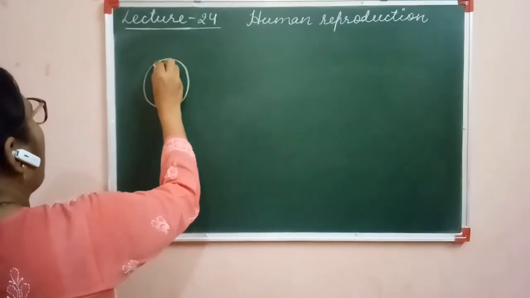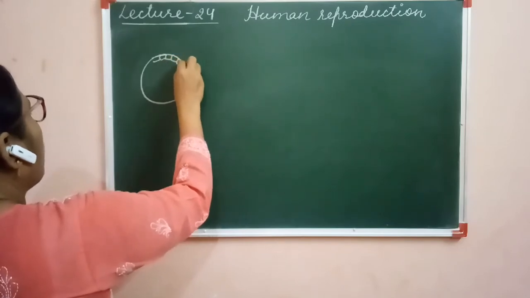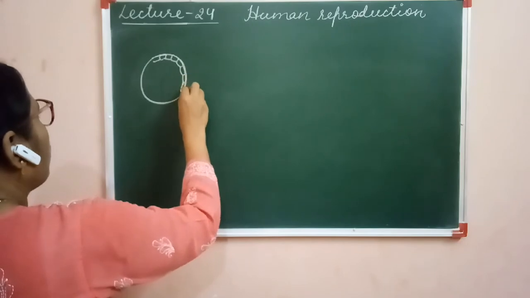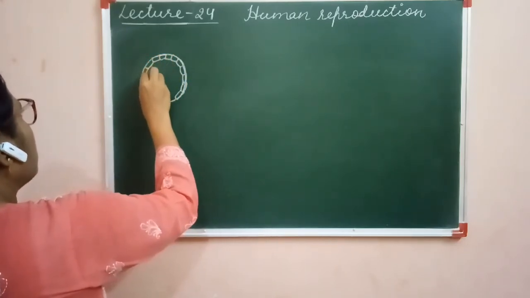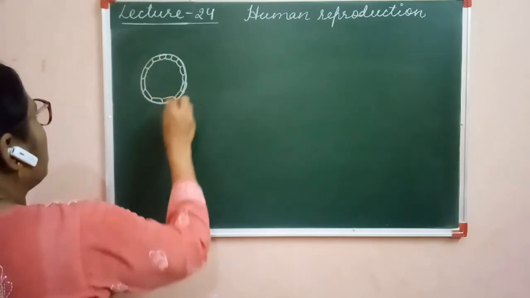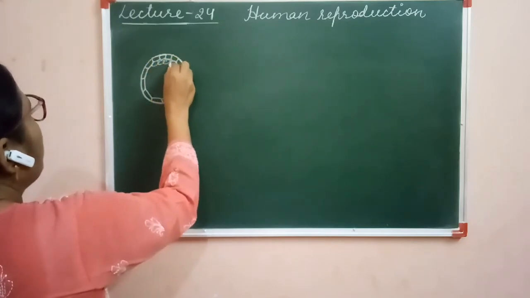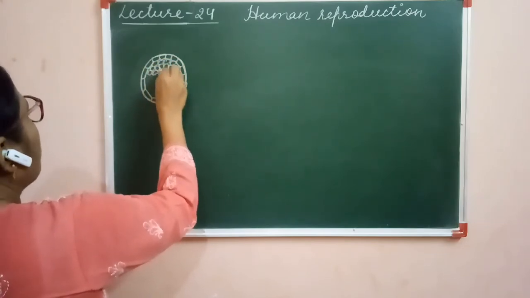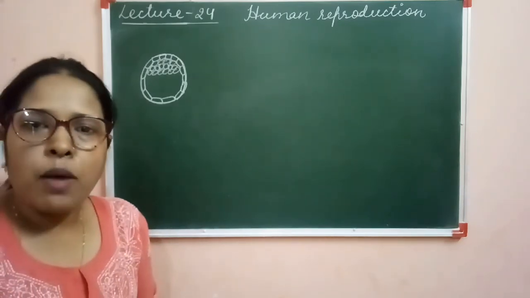It is the outermost cells. These are called trophoblast or the trophoectoderm. So these are the trophoblast cells, the flat cells. Clear? These are the cells of embryo arranged in a mass that is called the embryonal axis.